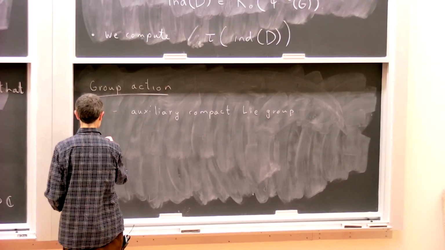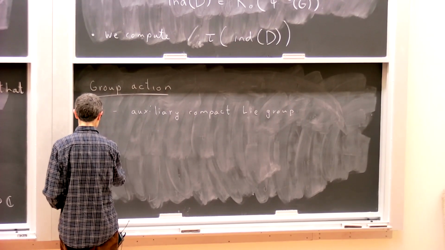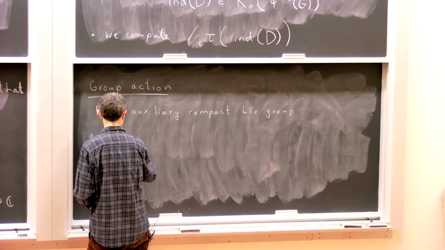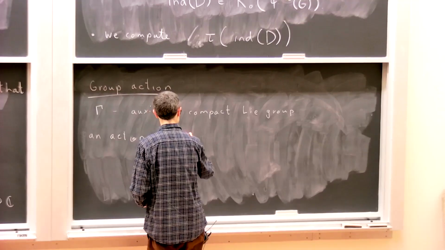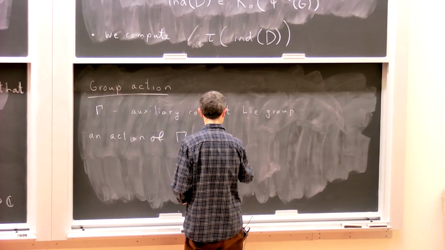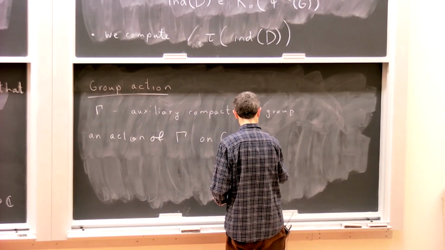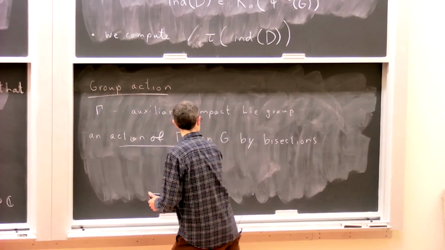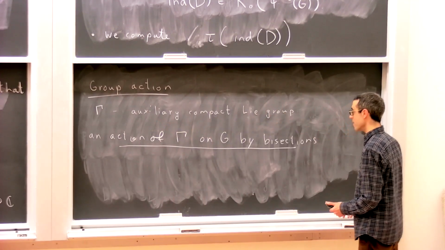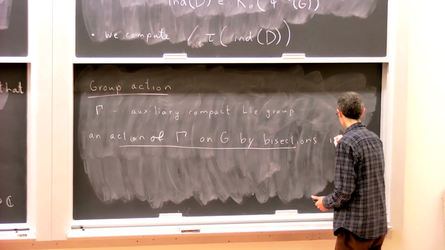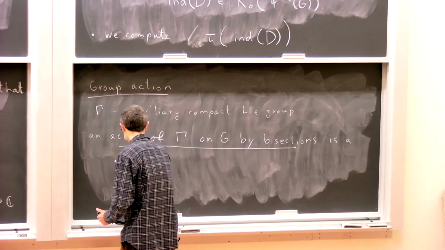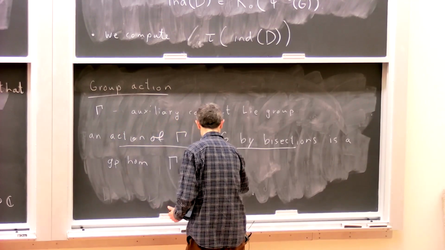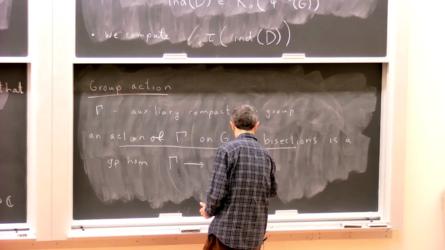The kind of action I want to consider is what I'm going to call an action of gamma on G by bisections. I'm open to suggestions if someone has a better idea what this should be called, but an action of gamma on G by bisections is a group homomorphism from gamma to the group of bisections of G.